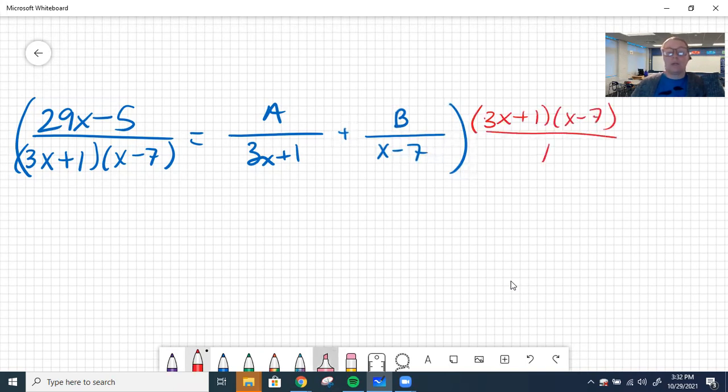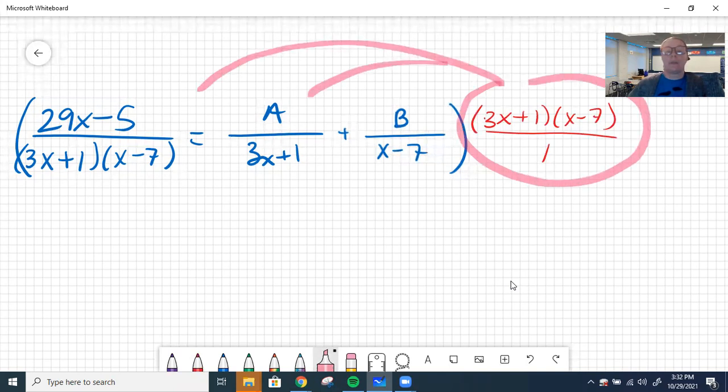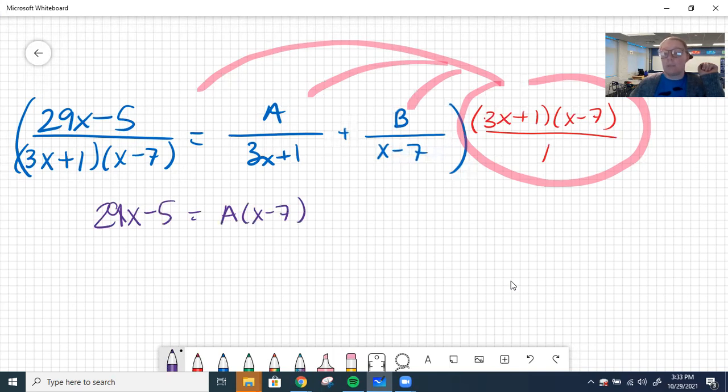And I'm going to take this whole thing here, and I'm going to multiply by each thing. So when I do this times this, it's just 29x minus 5. And I do this one times this one, the 3x plus 1's cancel, so I have a times x minus 7. And I do this one times this one, the x minus 7's cancel, so I have b times 3x plus 1.